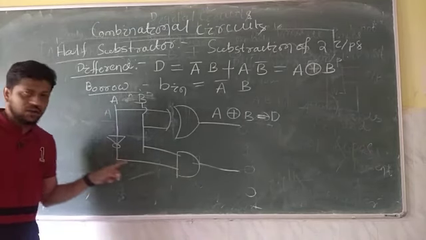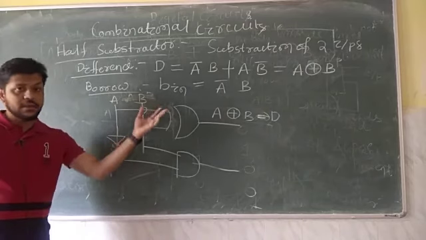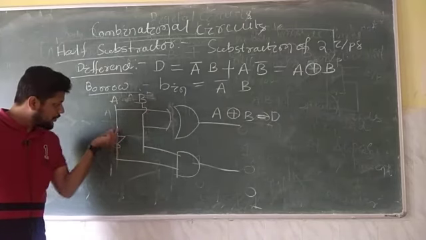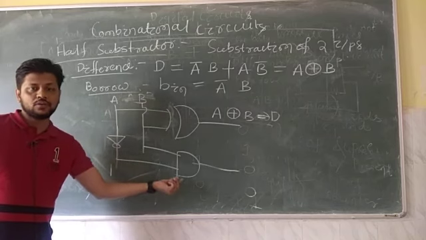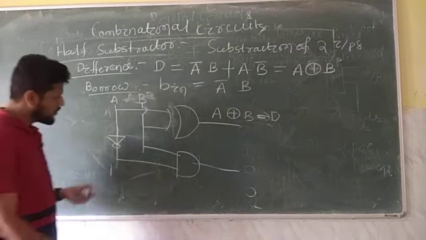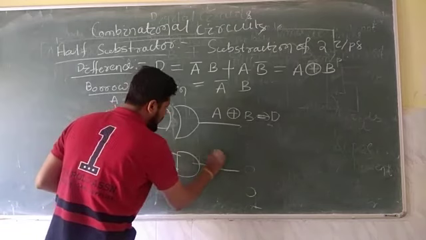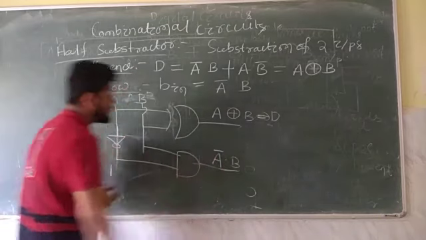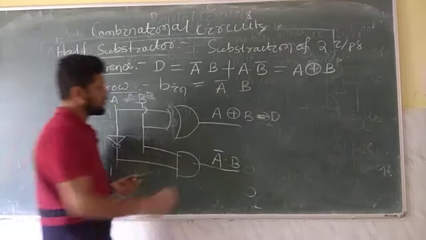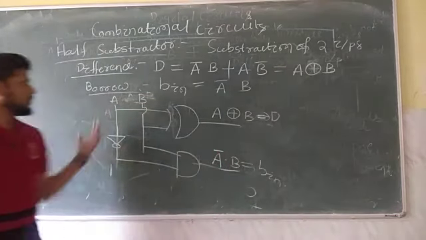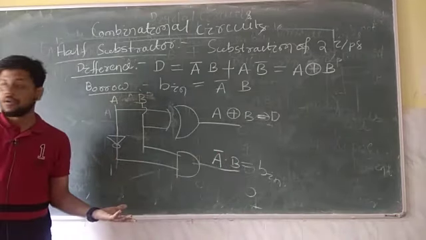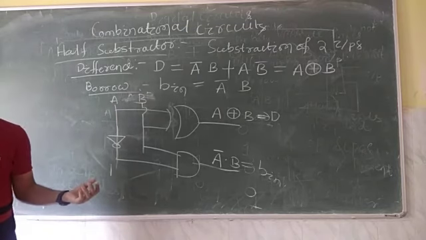A we cannot apply directly, we need A bar and B, so A must pass through a NOT gate before being applied to the AND gate. So this is A bar and B, that is your borrow. So this is the basic circuit of the half subtractor.